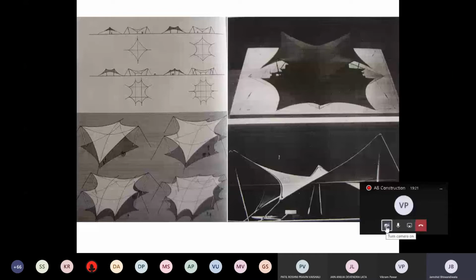And so here in this diagram, you are in a position to see pull down anticlastic formed pull down support system whereby you have 4 supports, 6 supports, 8 supports and more than 8 supports.